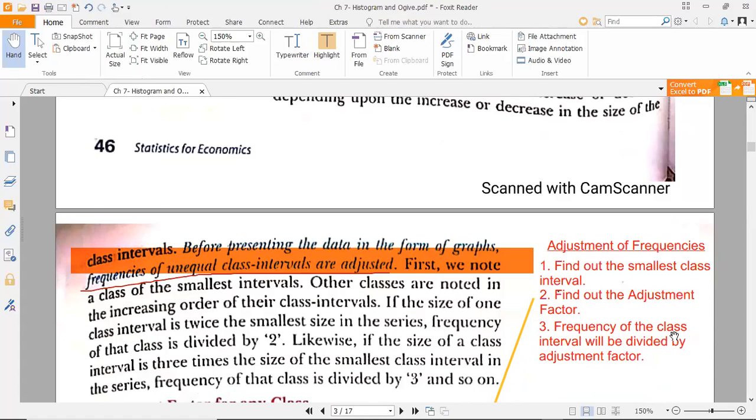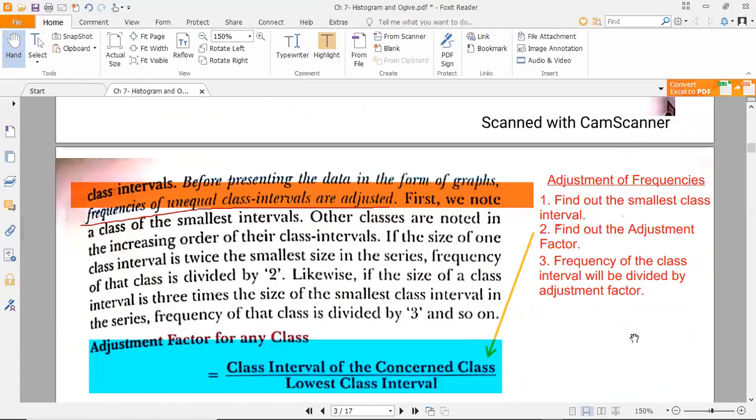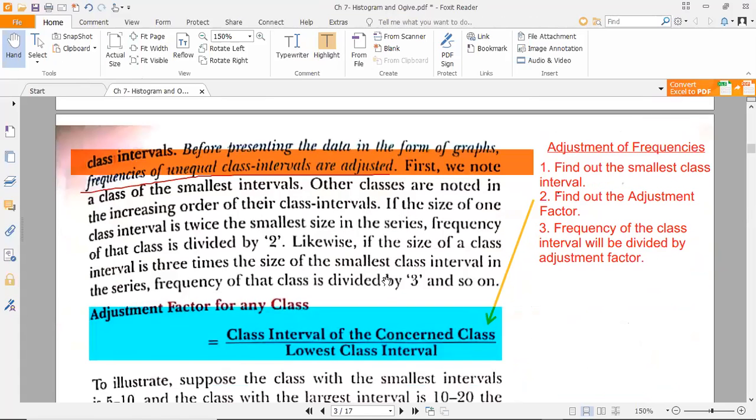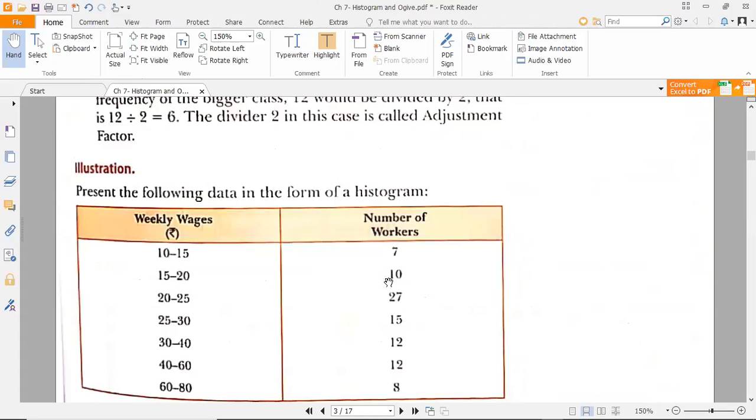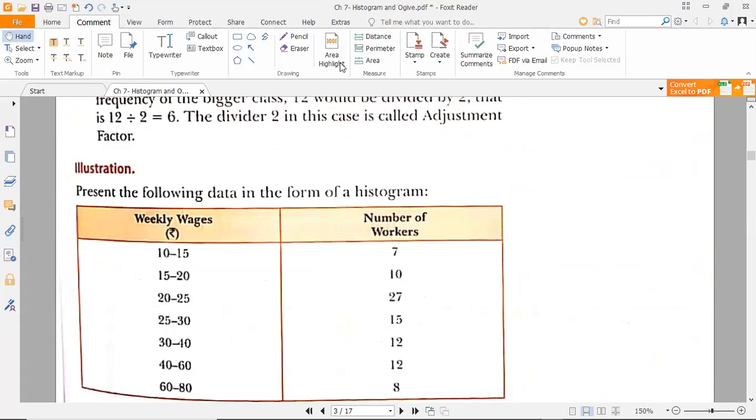Fine. I hope you have written down the steps for adjustment of frequencies. Let's understand it with the help of an example.